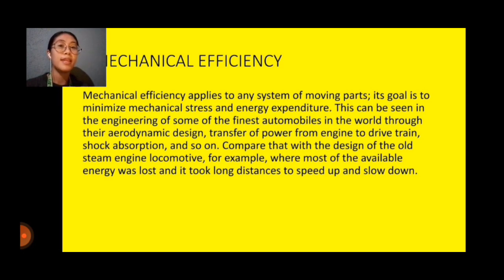This can be seen in the engineering of some of the finest automobiles in the world through their aerodynamic design, transfer of power from engine to drivetrain, shock absorption, and so on. Compare that with the design of the old steam engine locomotives, for example, where most of the available energy was lost and it took long distances to speed up and slow down.